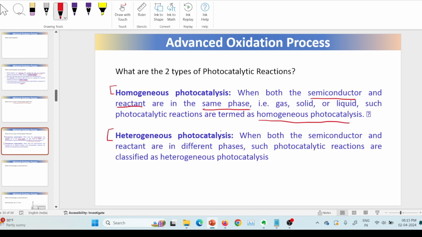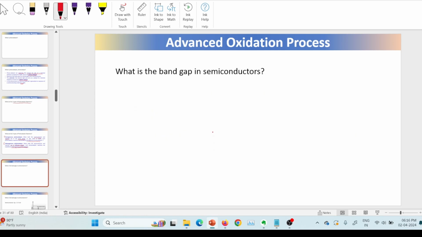But when both the semiconductor and reactants are in different phases, such photocatalytic reactions are classified as heterogeneous photocatalysis.